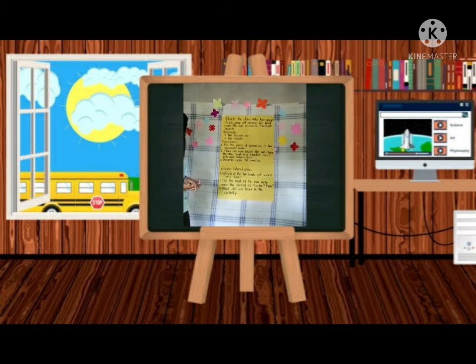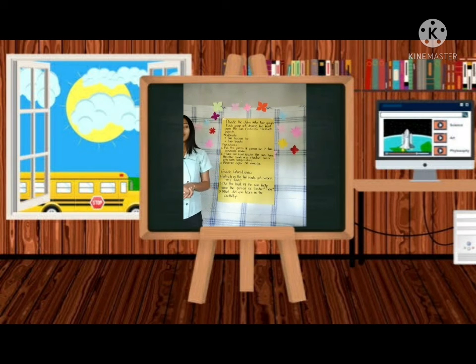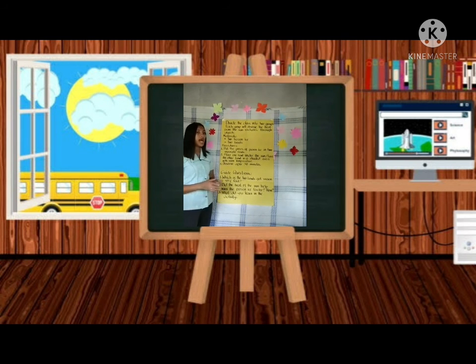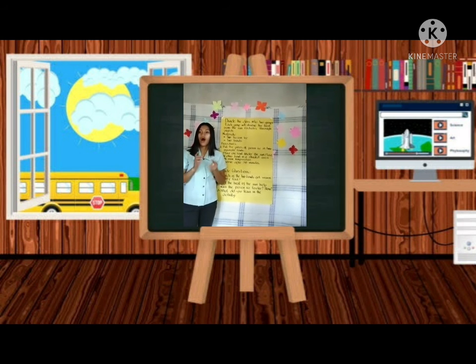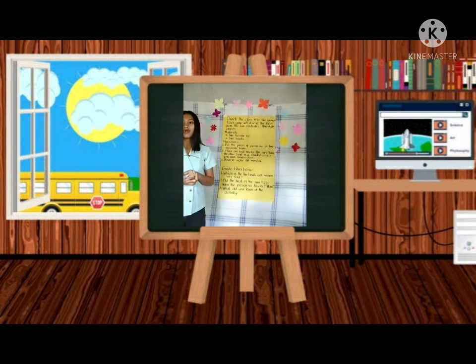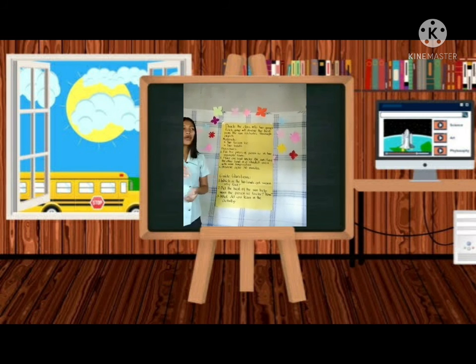The next question is, what did you learn in the activity? Okay, Angel. Okay, very good. You have learned in this activity that there are many sources of heat and their uses. Examples of sources of heat are oven, toaster, rice cooker, campfire, and microwave oven.